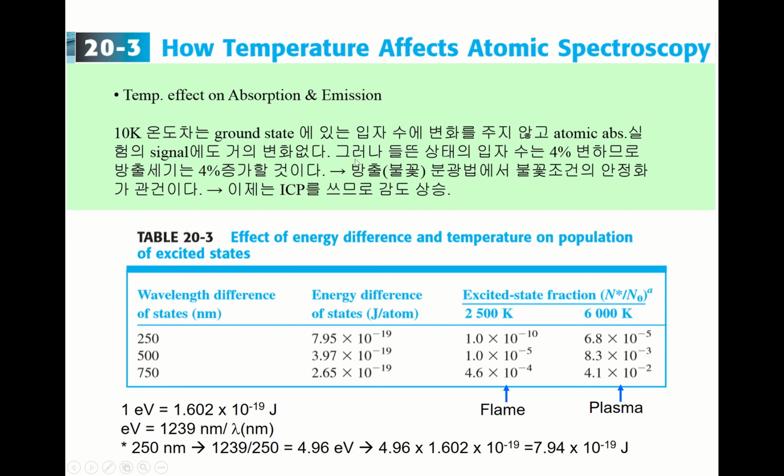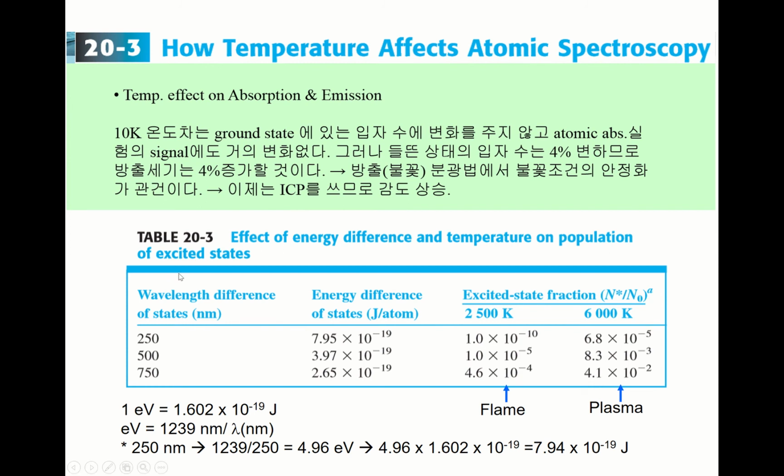But the excited state population increased by 4%, so emission intensity will increase by 4%. That's why atomic emission is much more sensitive than atomic absorption. And if we use ICP, then the sensitivity will be even greater.